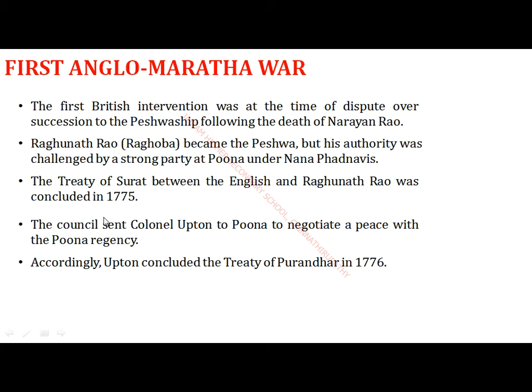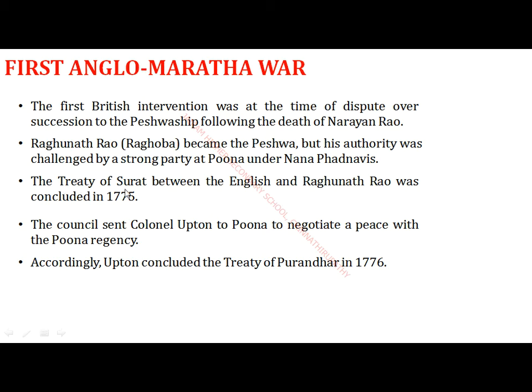So far, having failed in his bid to capture power, Raghunath Rao sought the help of the Britishers. At that time, the Britishers were waiting for the right time to get territory from the Indian rulers. So this was the moment for the right choice to capture the regions of Maratha.